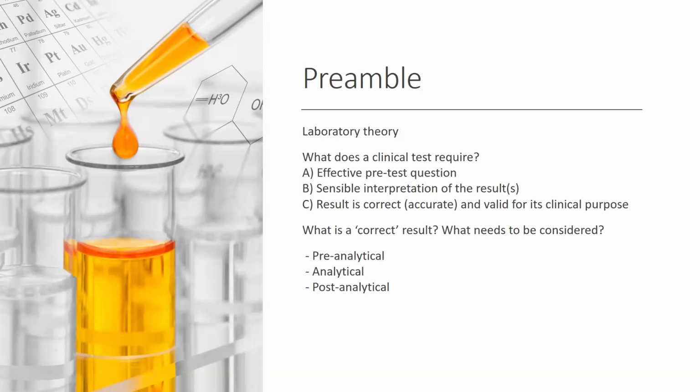Now, what is a correct result? I don't think there's necessarily an easy answer to that question. But if we keep it patient-focused, a correct result is one that can be relied upon in relation to the management of a patient. And to produce a correct result, we need to focus on three key areas: pre-analytical, analytical, and post-analytical.